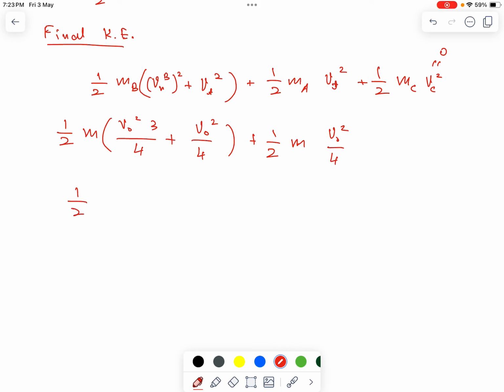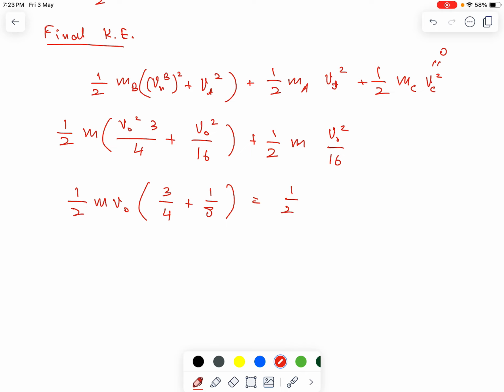So when we take half m V0 square, 3 by 4, oh sorry, this becomes 16 and 16, so it becomes 1 by 8.